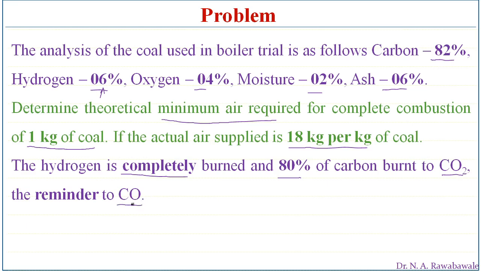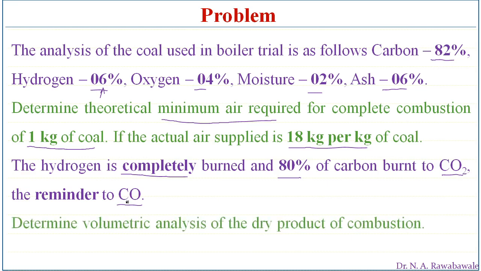Now coming to the analysis, we can find the minimum air required. First we will find the minimum air required for complete combustion of fuel. One more thing is given: determine the volumetric analysis of the dry products of combustion. So we are asked to find the volumetric analysis.